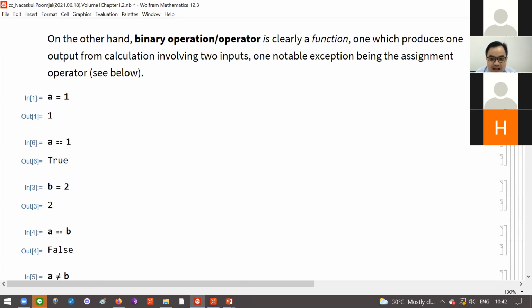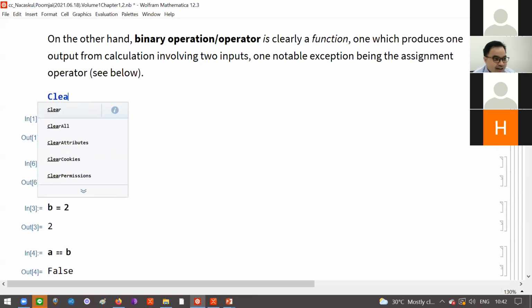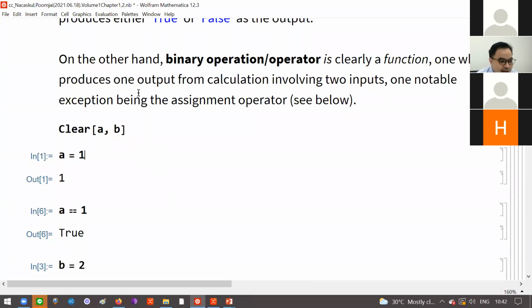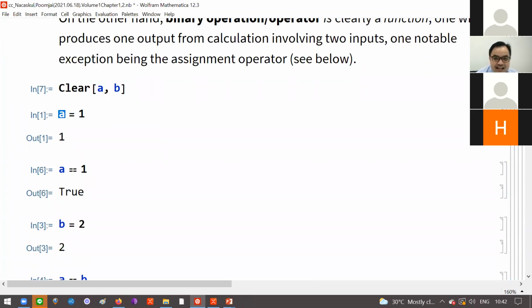So now I know what A and B are. By the way, I want Mathematica to forget, to clear things: Clear A and B. Now notice that everything was in black, but once you do Clear A and B, the letter turns blue. Blue means something that it doesn't know.